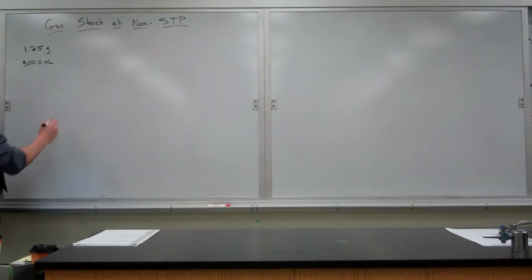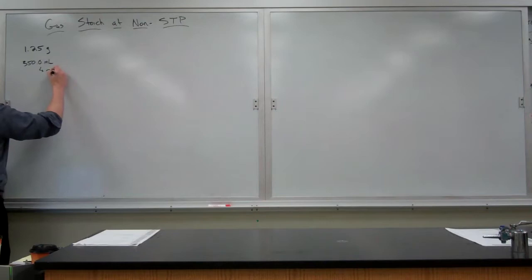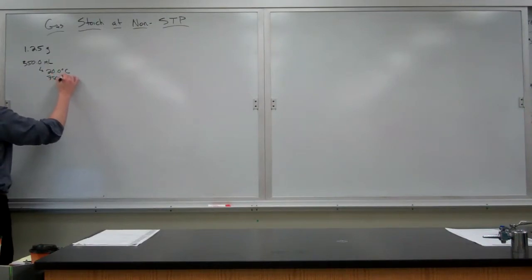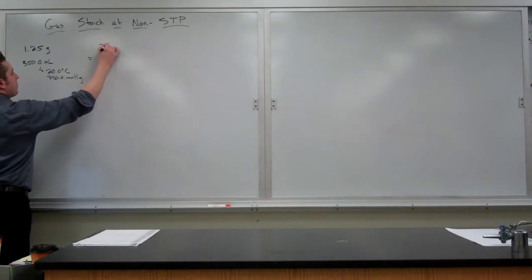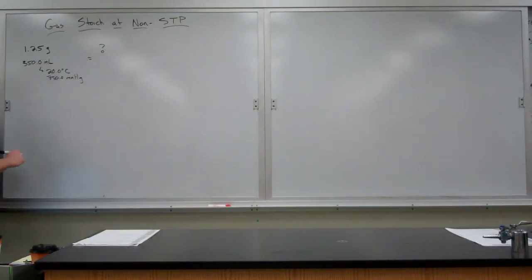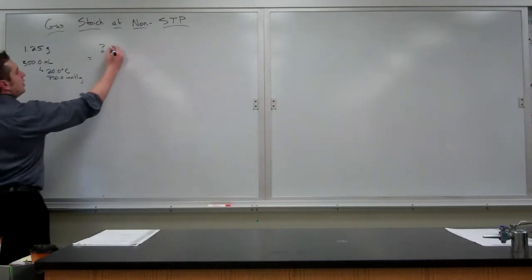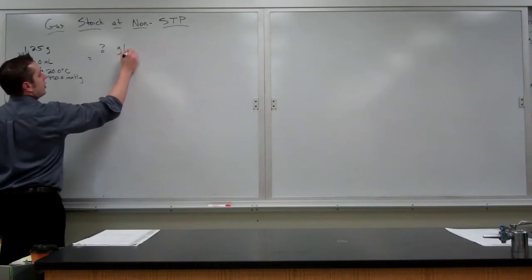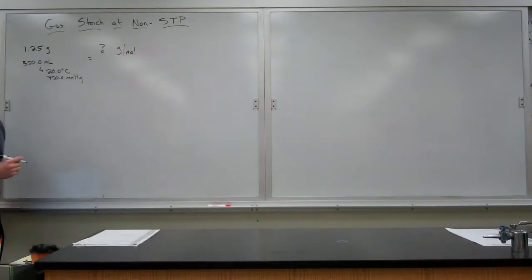I know that those 350 milliliters exist at a certain set of conditions, that is 20.0 degrees Celsius and 750.0 millimeters of mercury. Then we list what we're trying to find. The question says, what is the molar mass of the gas? Which again means we are looking for the units of grams per mole.